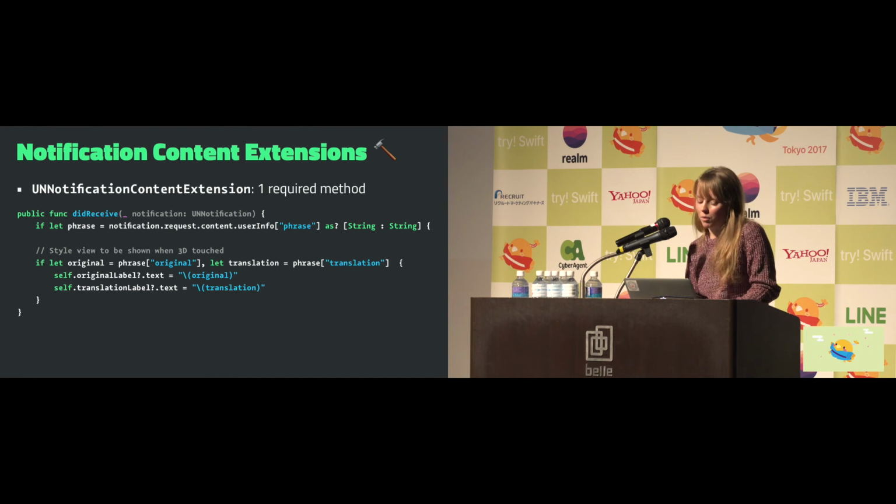In the Caribou app example, we're able to pick up the phrase from the user info dictionary, and the phrase has an original phrase and a translation phrase, and so we set the text labels accordingly in the view.